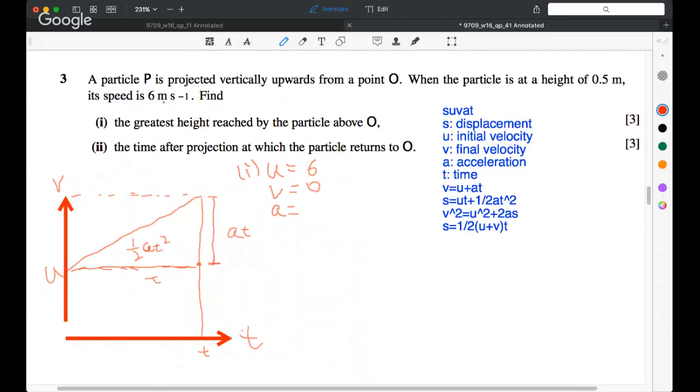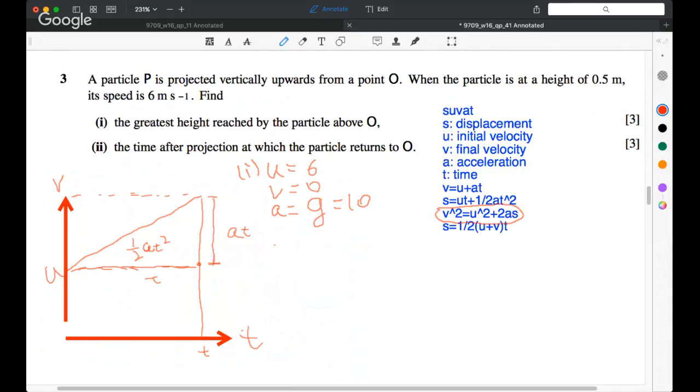So a is just g, and that will be 10. If you look closely at this equation, we have 4 different letters, so 4 unknowns, and we already know 3 of them, so we can work out the 4th one.